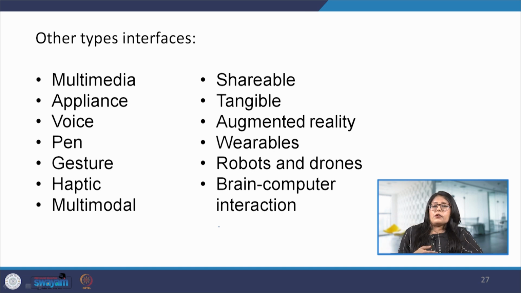So, for example, Figma is one such shareable software where several people can work on the same file at the same time. We will see some examples from Figma also in the upcoming lectures. And then we have wearables, robots and drones, and augmented reality. So, all of these other types of interfaces are also there.